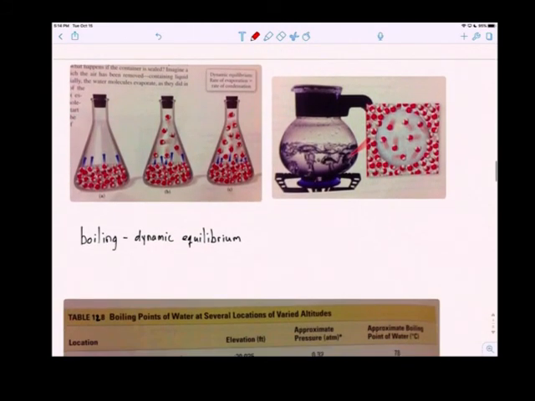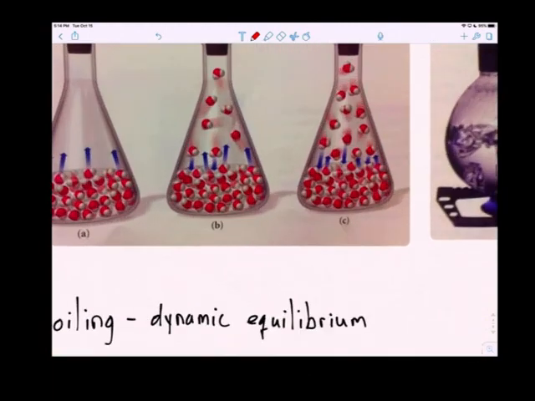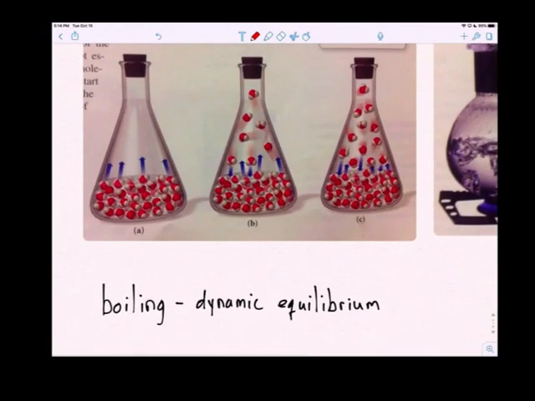Okay, so one thing to note here, boiling. Boiling is a dynamic equilibrium. It looks like water is just sitting there boiling, or here's just water sitting in a beaker, so it looks like it's not doing anything. Actually, it's an extremely complex thing that's going on. The water molecules are leaving, they're entering solution, and they're bouncing around with each other.